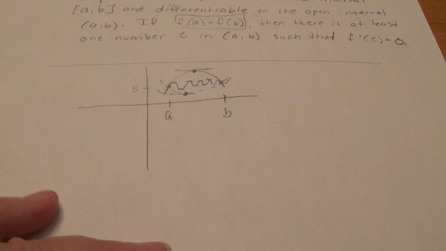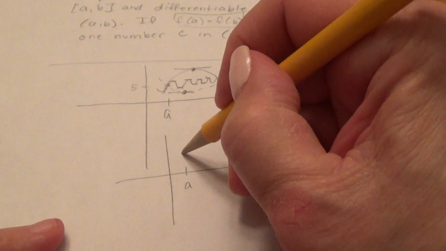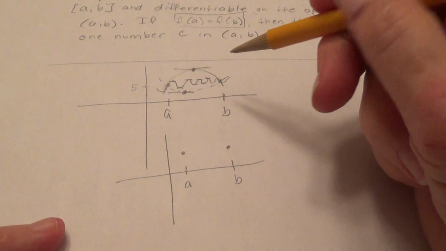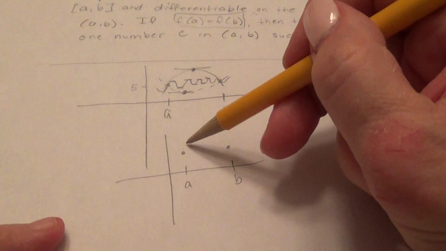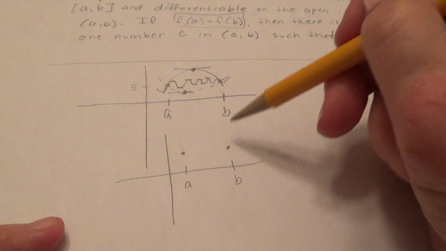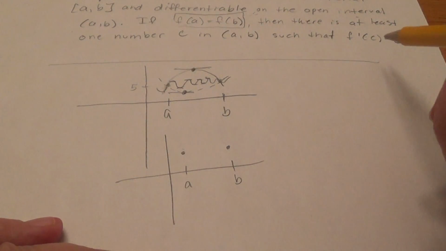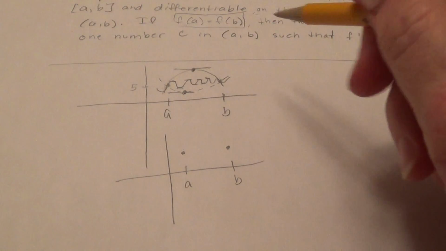So, thinking of it this way, say f of a equals f of b. Can you think of a way to draw a continuous line from a to b where the derivative does not equal 0, where there's no place where the derivative zeroes out?